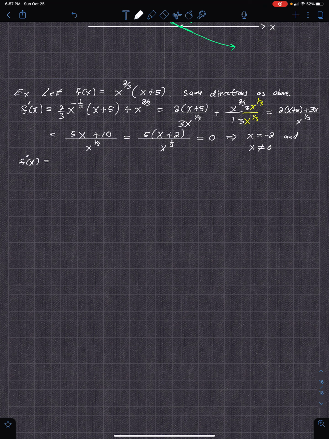Let me just show you what I did. Actually, it's probably a good exercise just to show you this form anyway. So if you wrote this as 5/3 x to the 2/3 plus 10/3 x to the -1/3, because that's f prime.